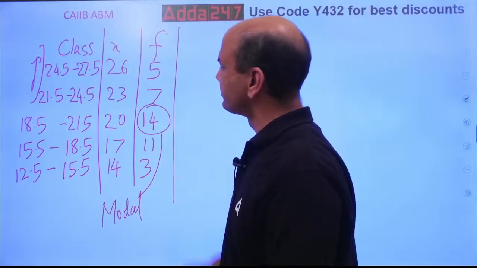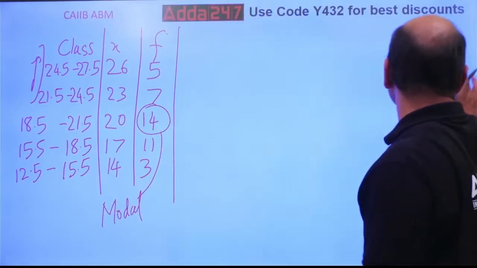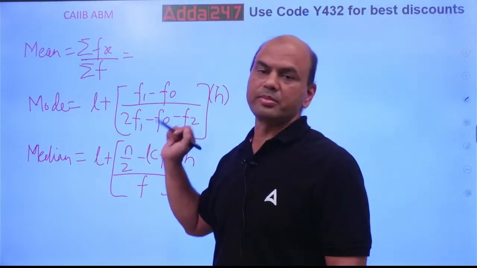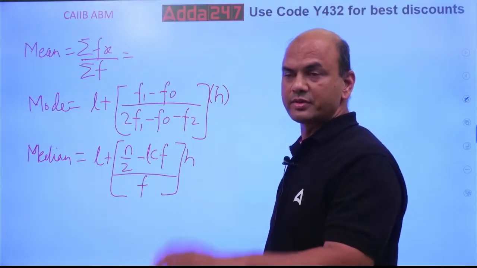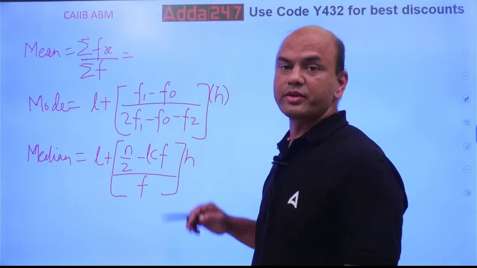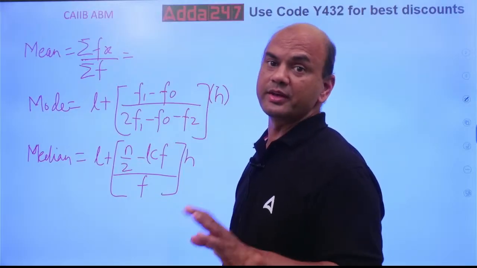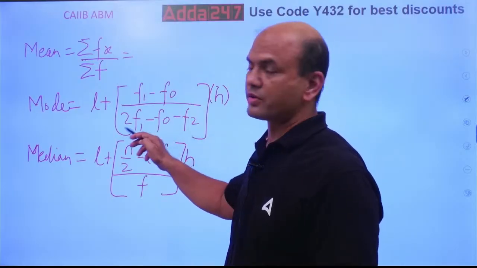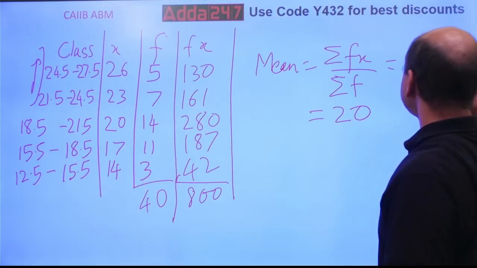Now what do you do? In this formula, L means the lower level of this modal class. F1 is the frequency. Which frequency? F1, F0, F2. Now you have three frequencies. What are those? Look at it.